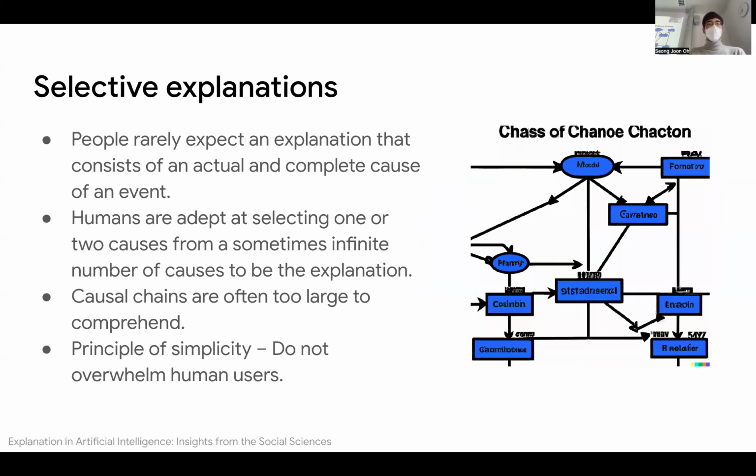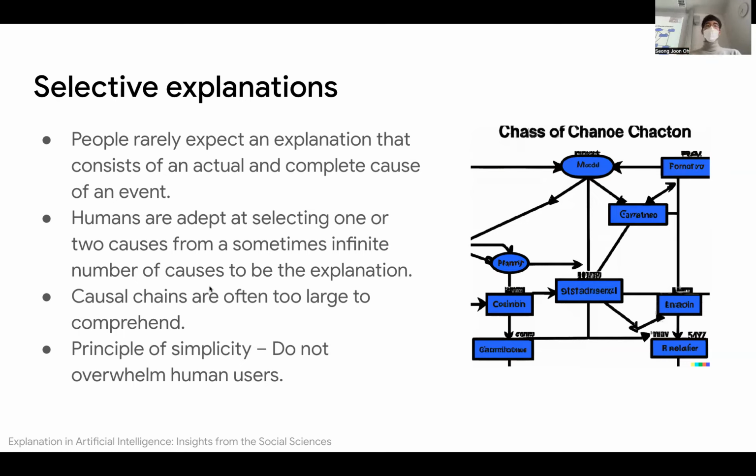The second ideal characteristic of a good explanation between humans is selective explanation. When someone asks for an explanation for some event, they're usually not asking for a full list of possible causes, but only a very few important reasons, the causes that are relevant to the discussion at hand.